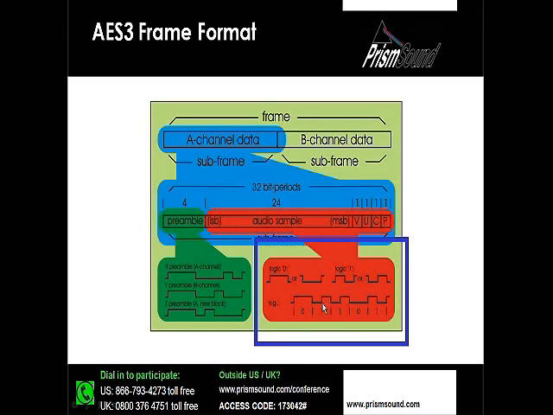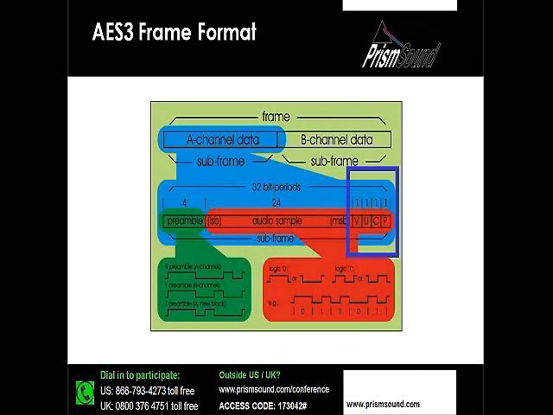Now we have another bit cell here, but we can see there's a transition in the middle, and that represents a 1. So that is the way the biphase mark encoding system is implemented, and as a result, the clock rides within this bit stream. So that's an important part of the way the AES3 standard is implemented.